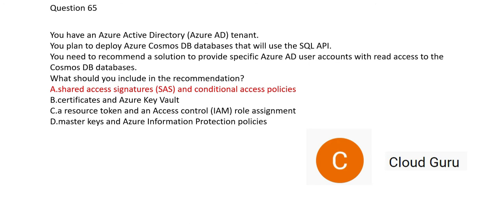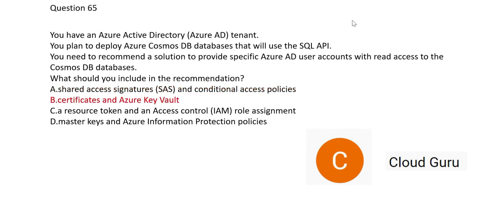Then you can use SaaS and give that person a temporary access. But here you don't have to give a temporary access. You want to give a permanent access, but read only access to Cosmos DB. So option B suggests certificates.